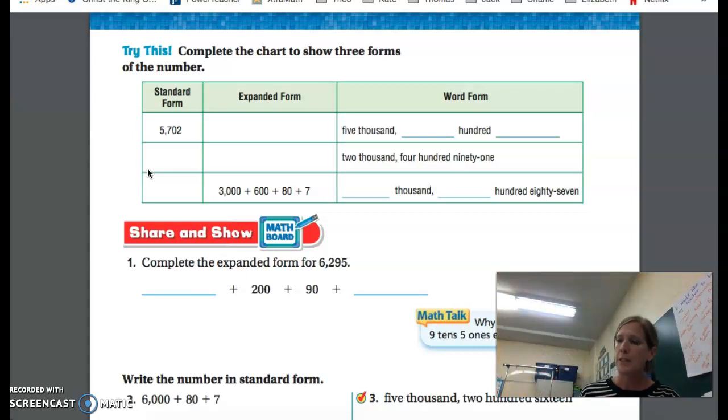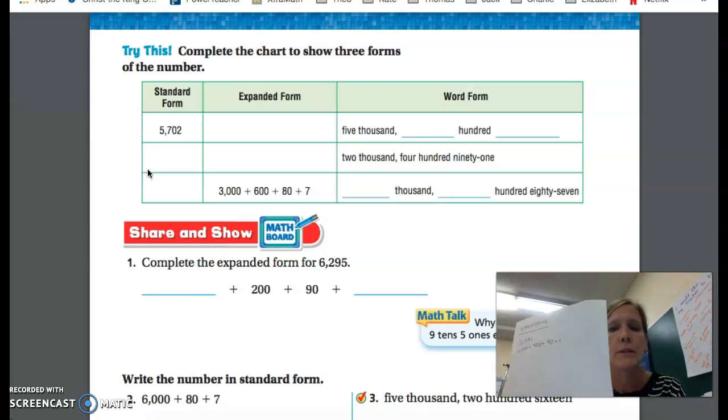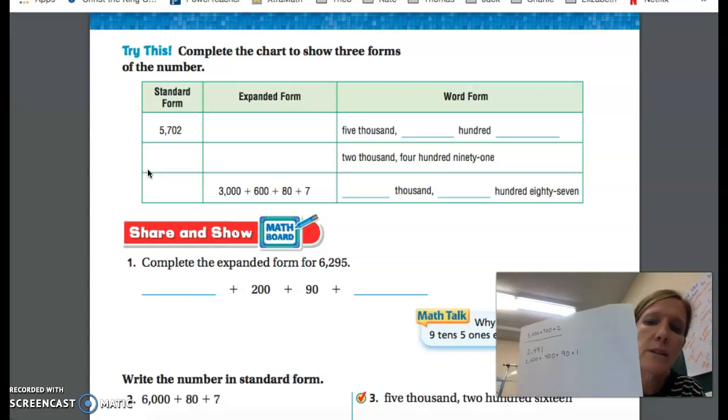Now how would we do that in expanded form? The 2 is worth 2,000 plus the 4 is worth 400 plus the 9 is worth 90 plus the 1 is worth 1. Can you see that? 2,000. There you go. Got it?